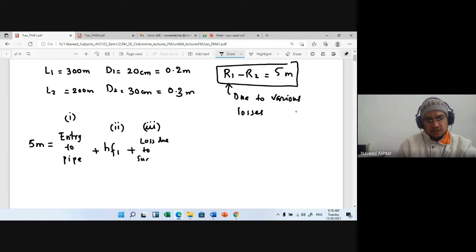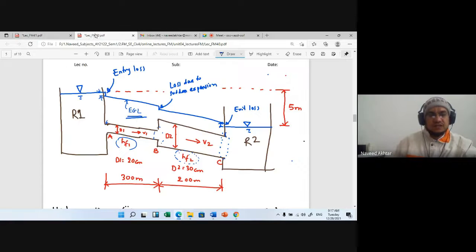This one is the third. And then again the second pipe flow, that is friction HF2, plus at the exit there is exit loss, loss due to exit from pipe.